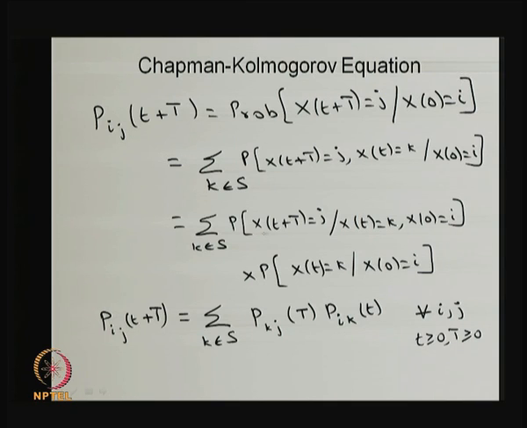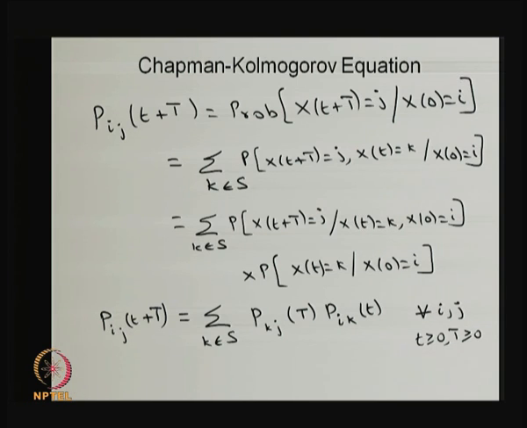That is the conditional probability of the system being in the state j at the time point t plus capital T, given that it was in the state I at time 0 as well as in the state k at small t, multiplied by the transition probability of the system moving from the state I to k from 0 to t.